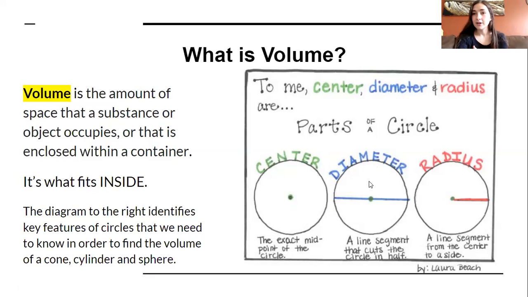The diameter goes all the way across the circle, through the center. The radius goes from the center of the circle to the outside of the circle. It's only half of the diameter. Radius is half the diameter. Please don't forget that.